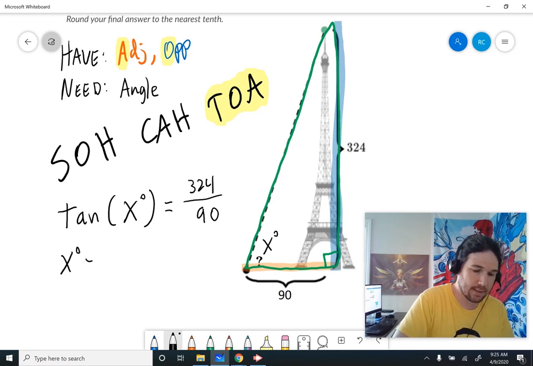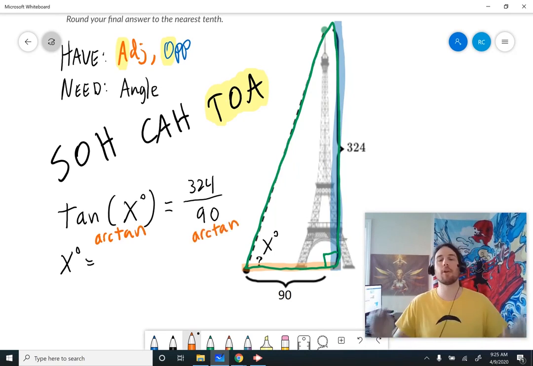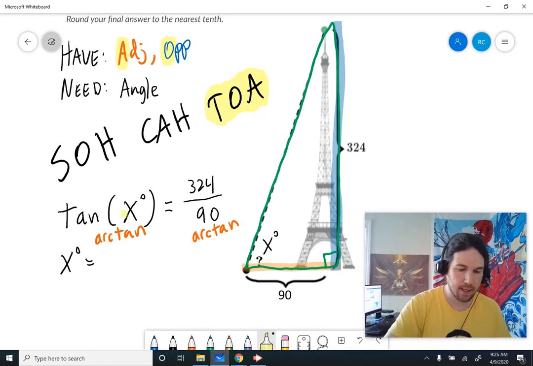So x, we are going to arctangent both sides. And remember, arctangent, don't be afraid, is just the process that undoes tangent, right? With tangent, you put in an angle and you get out a ratio.